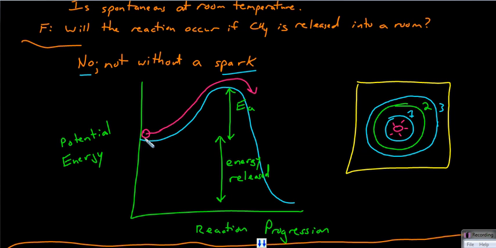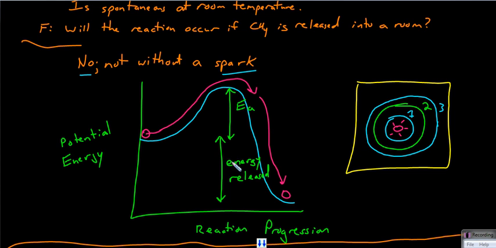Now, at room temperature, none of your particles, or very few, will be able to roll over this hill, so none of them will be able to react and release this energy. But if you provide a spark, then some particles near that spark will have a high enough temperature so that their kinetic energy is high enough to roll over the hill. They can overcome that activation energy barrier, and in so doing, they release heat.